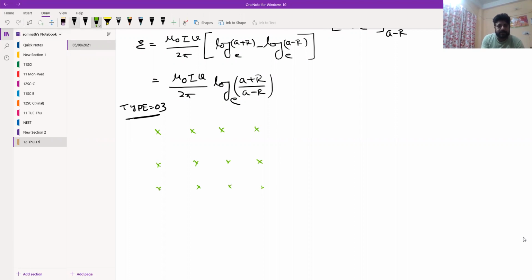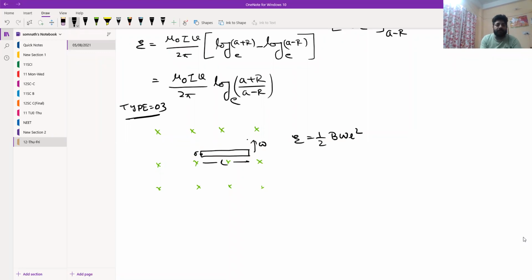I know that if this is my rod of length L, with one point O fixed, and it is moving with angular velocity omega, then my induced EMF is half B omega L square. That is type 3.